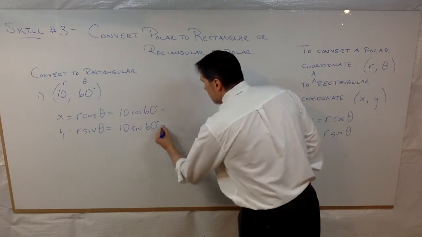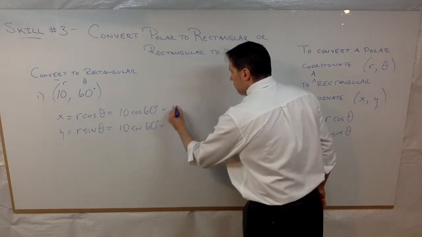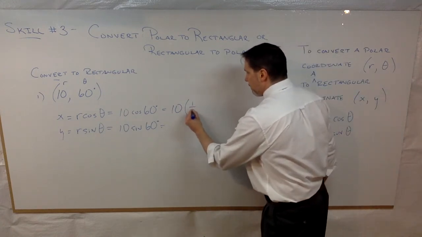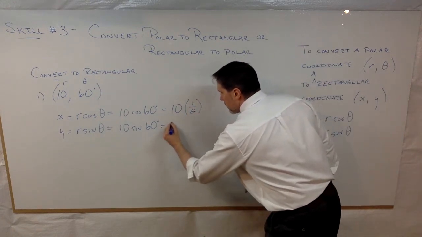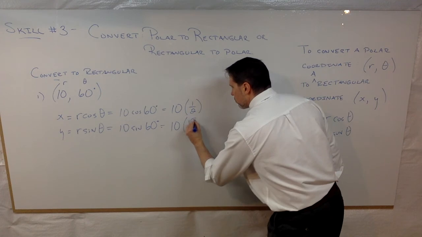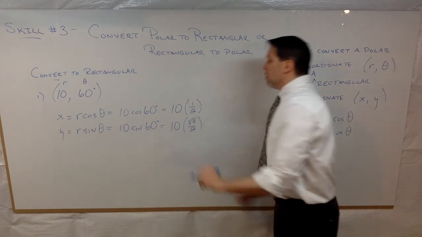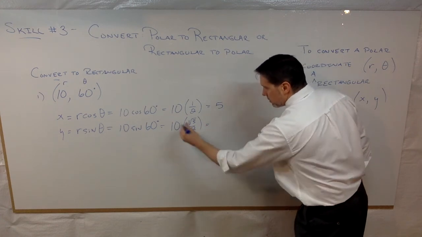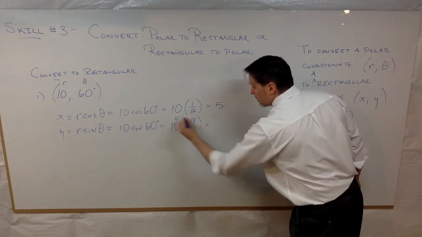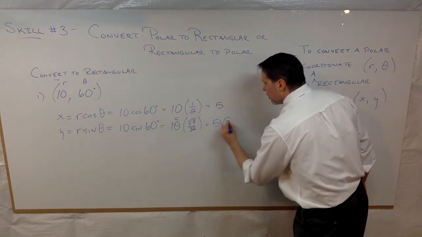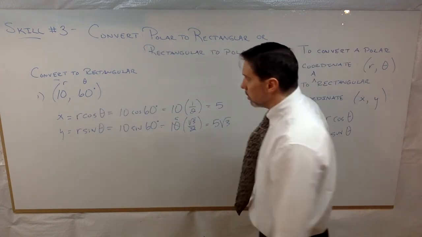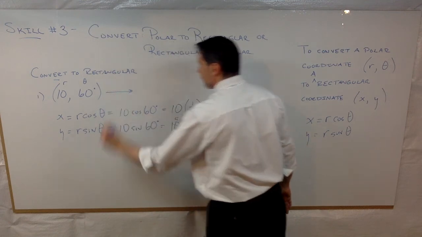Let's see what we know. The cosine of 60, well, I'm going to take 10 times the cosine of 60. Cosine of 60 is simply a half. Sine of 60 is your square root of 3 over 2. Multiply these, you will get 5. 2 goes into 10 5 times, 5 square root of 3. So if I said, okay, 10, 60 in polar is what as far as rectangular?